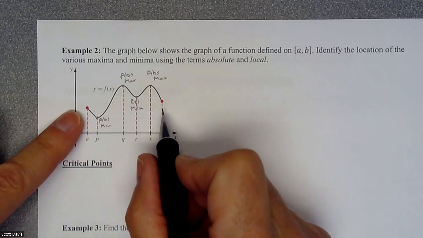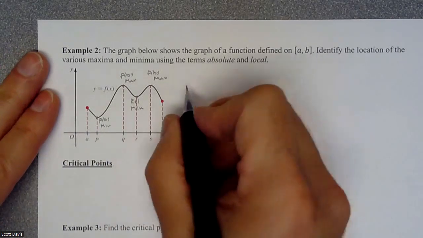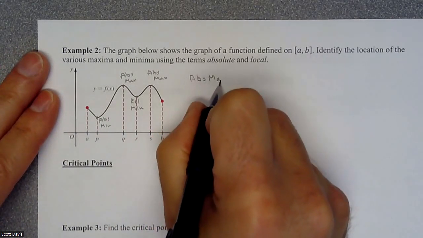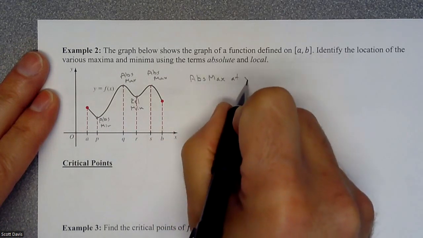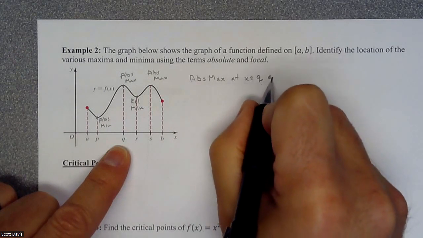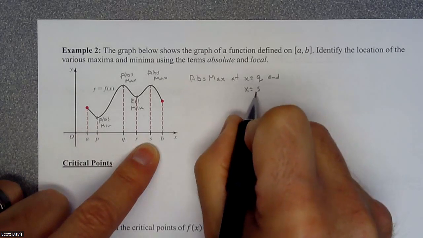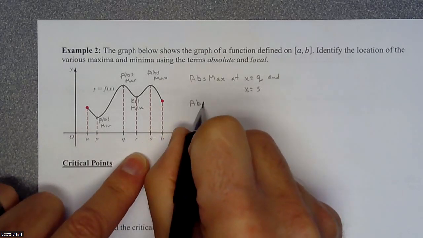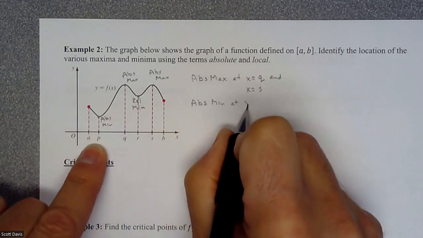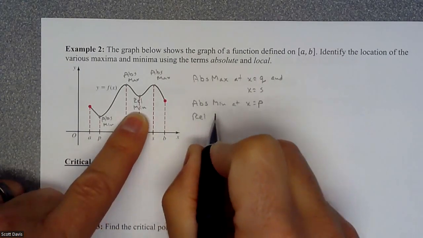We wouldn't necessarily call them relative because you don't have values on both sides. So we have an absolute max at x equals q and x equals s, an absolute min at x equals p, and a relative min at x equals r.